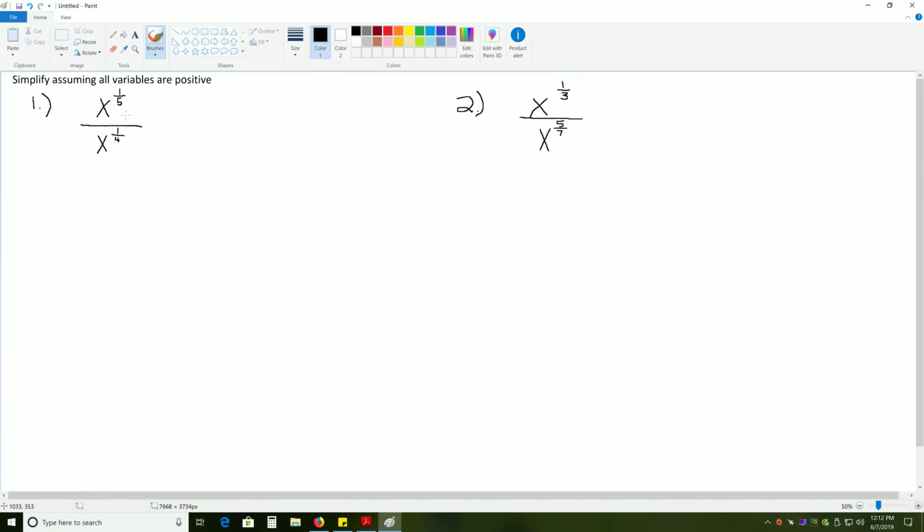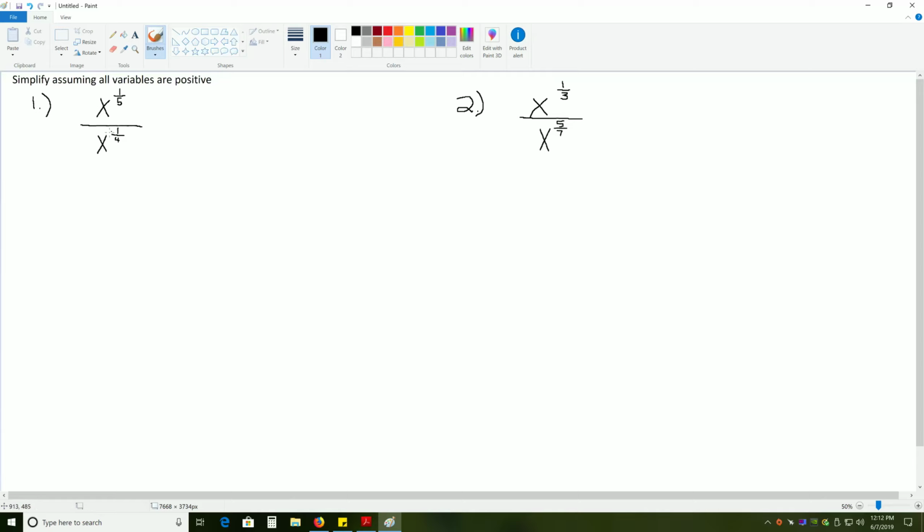To start this off, whenever you're dividing two numbers that have the same base, so two values with exponents, since they both have the same base, this x value, then all we have to do is subtract the exponents. Whenever you're multiplying with the same base, you add the exponents.